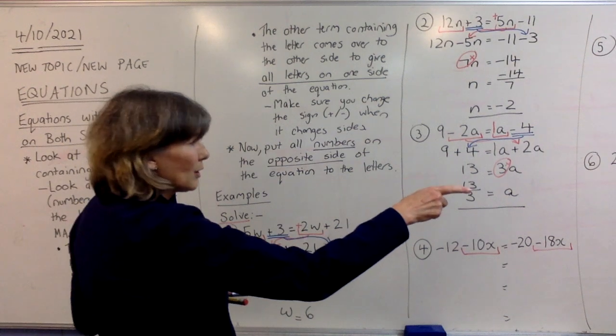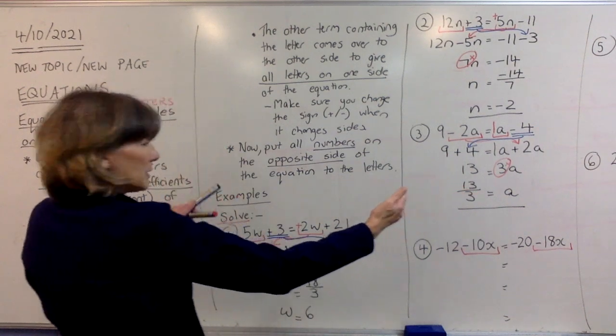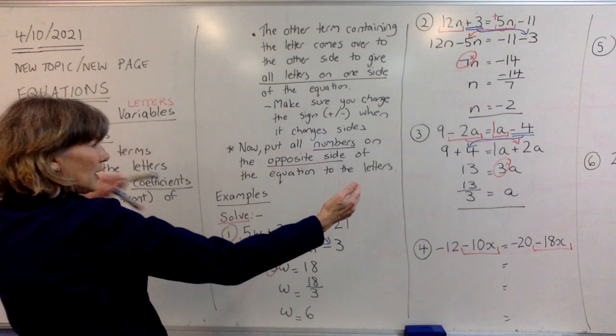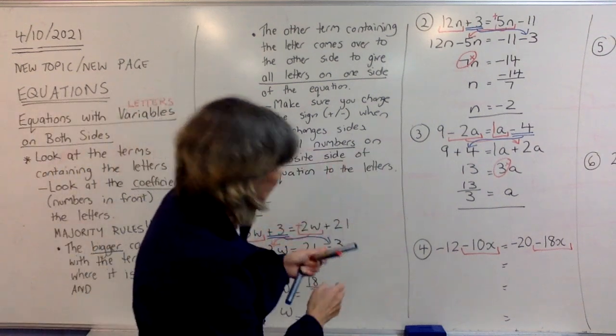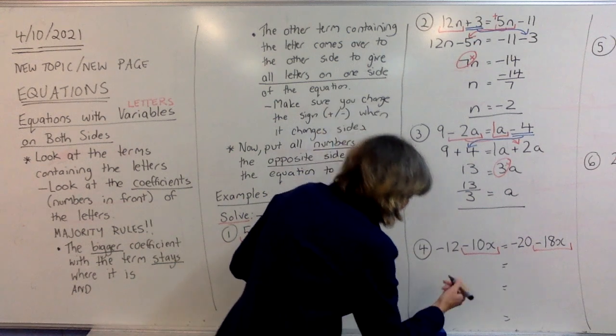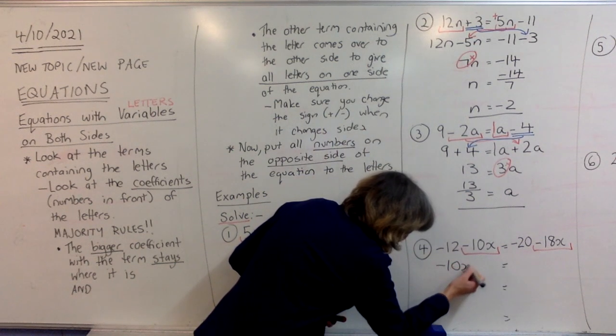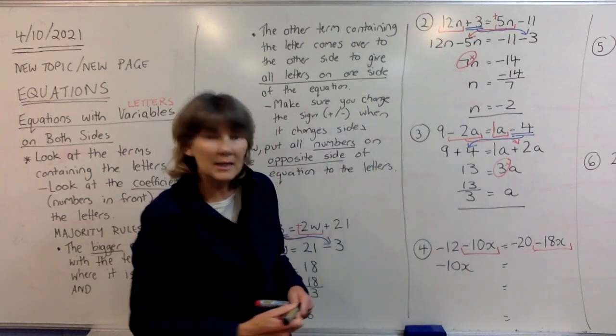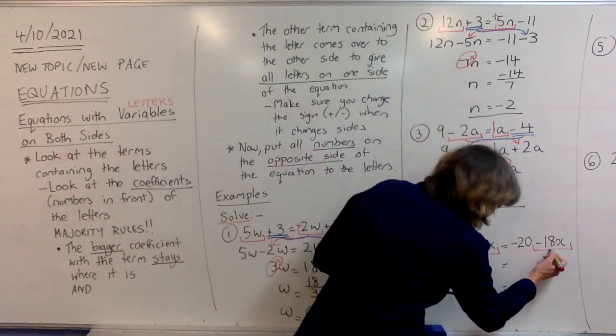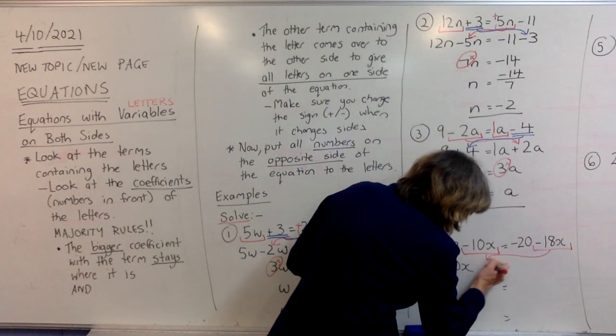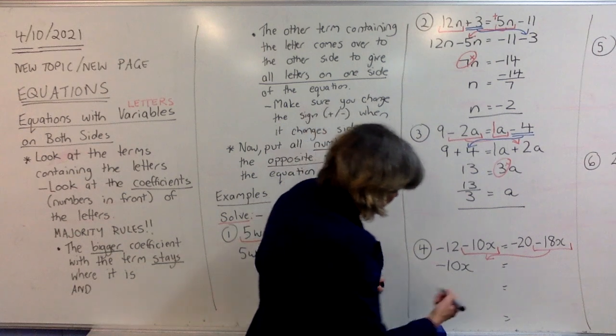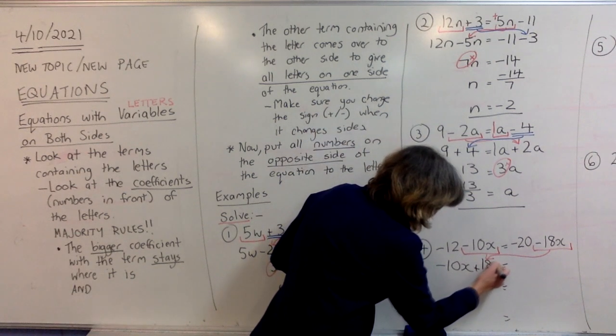Okay, so if you can imagine, you've got 0 here, minus 10's here, minus 18's further over there. So this one's further to the right. Okay, so minus 10 is bigger, so minus 10x will stay here. The minus 18x is coming over, and when it comes over, we do the opposite, which is plus 18x.